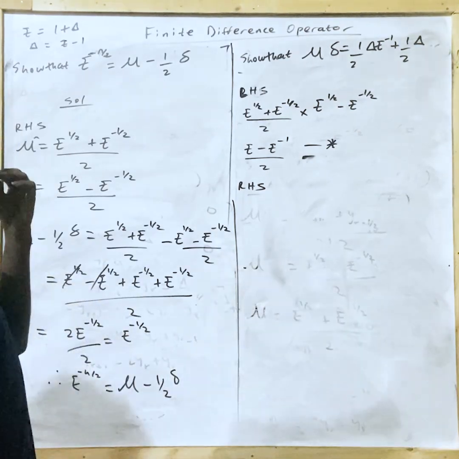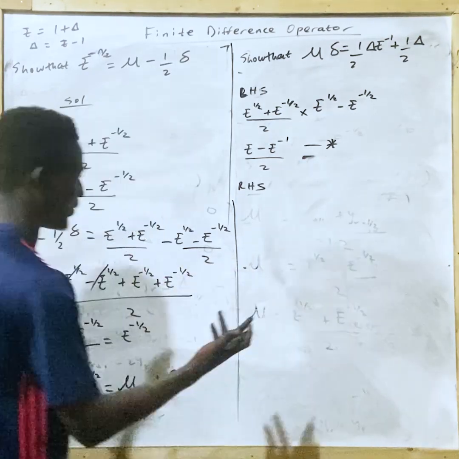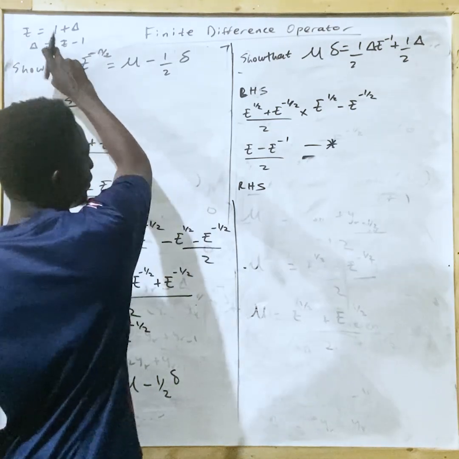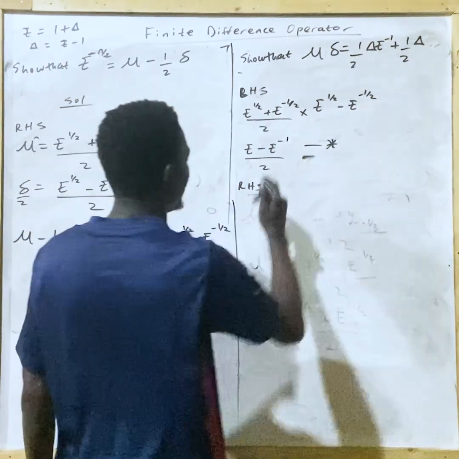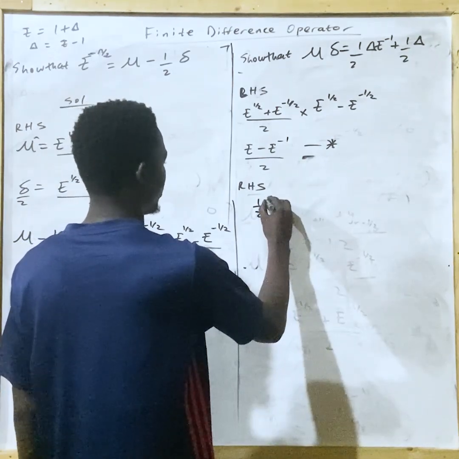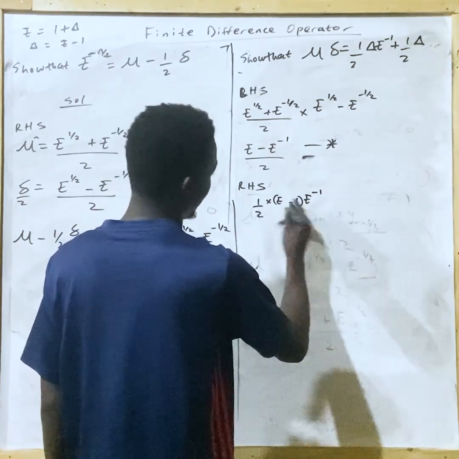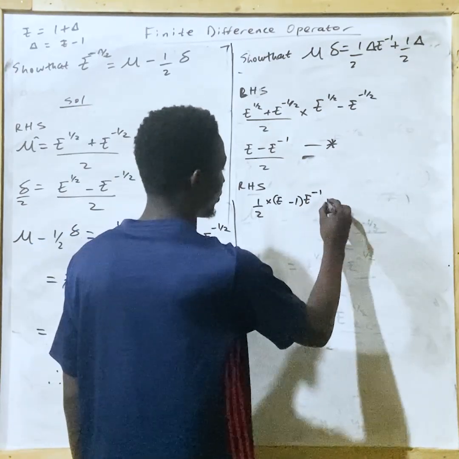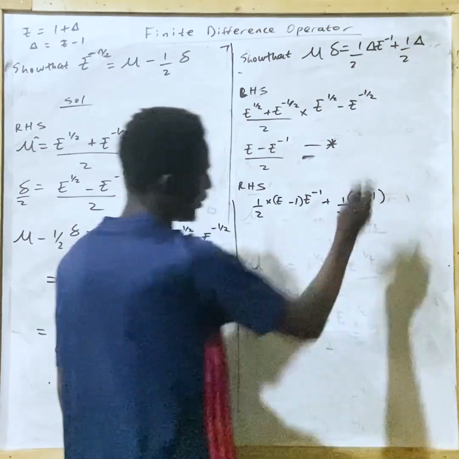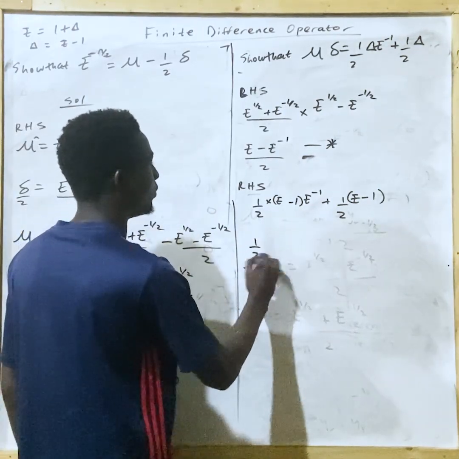Using this, I can put it here. I'll be having something like 1 over 2 multiplied by E raised to power minus 1, (E minus 1), plus 1 over 2 E raised to power 1, (E minus 1).